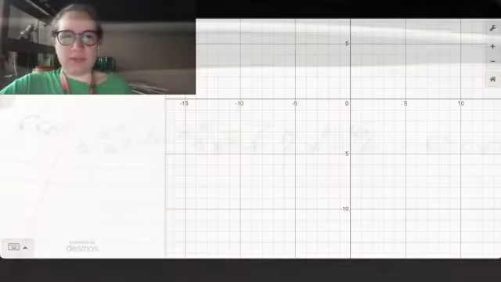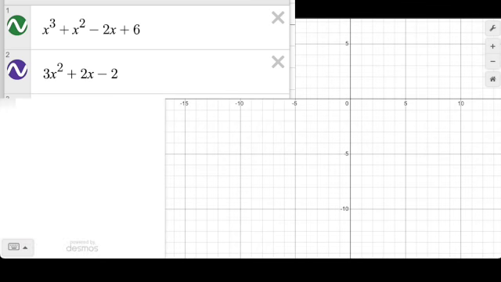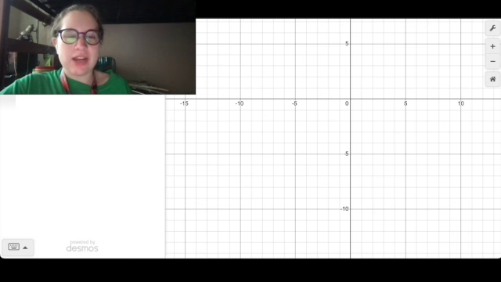So I'm just going to go over to Desmos for a hot second. Okay, so from there, we have our original function right here, along with our derivative right here.